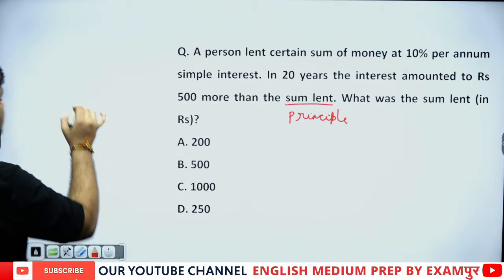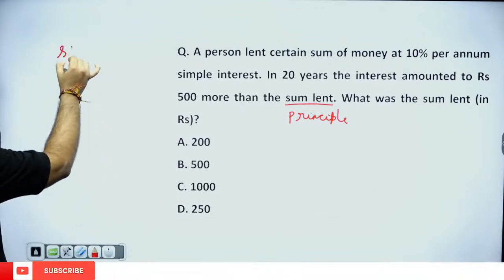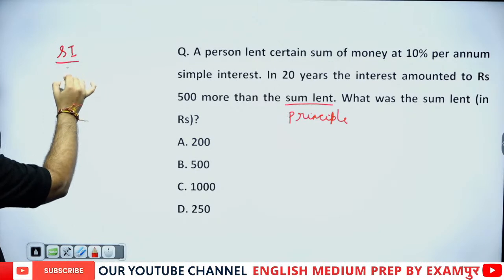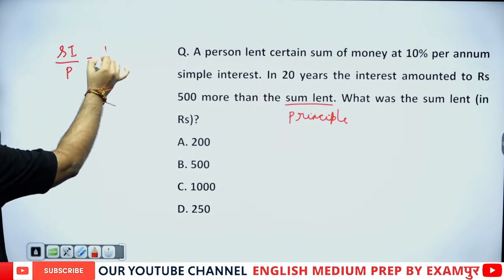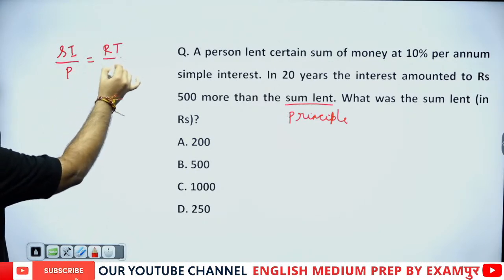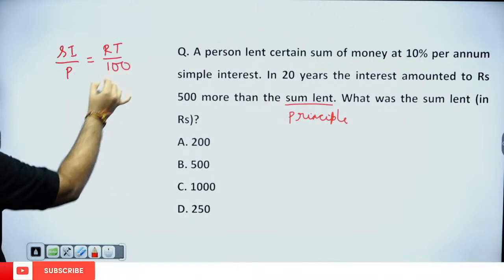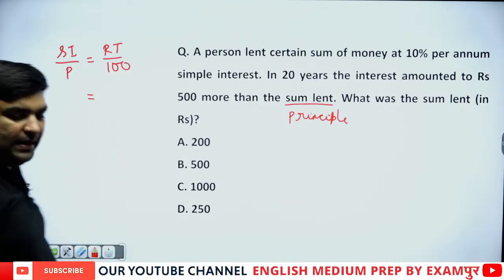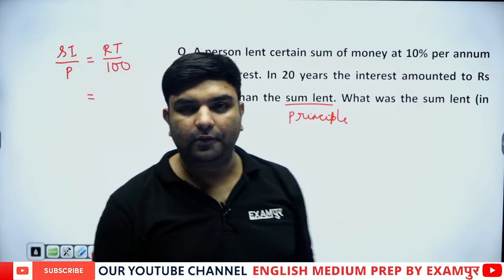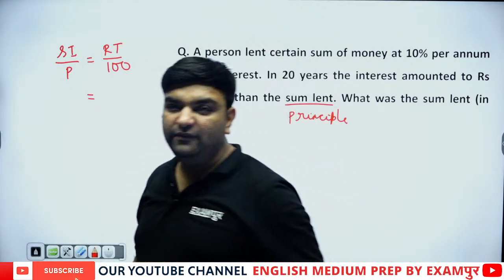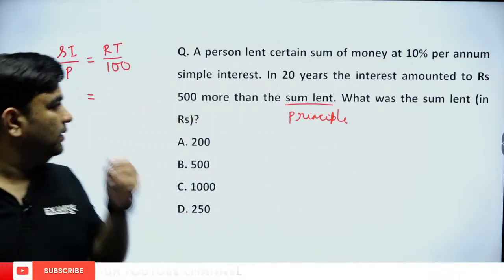So, this formula: SI over P is equal to RT over 100, which we used in the previous question as well.